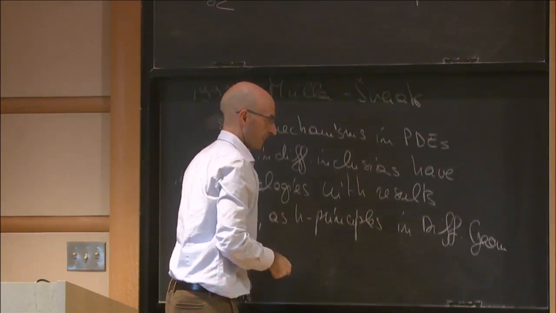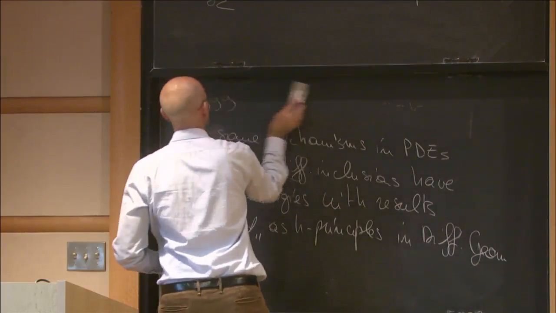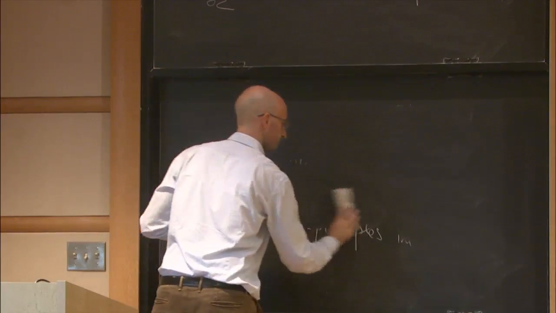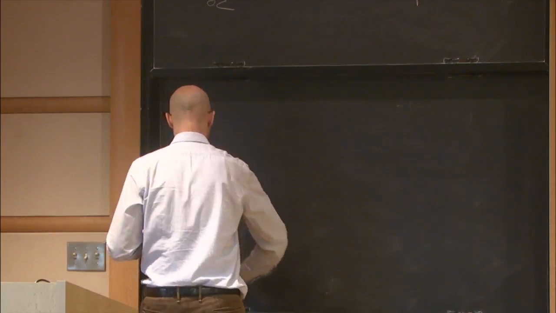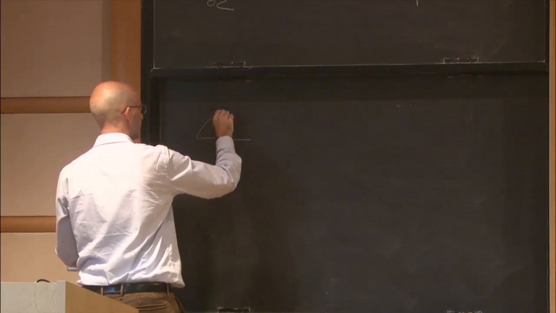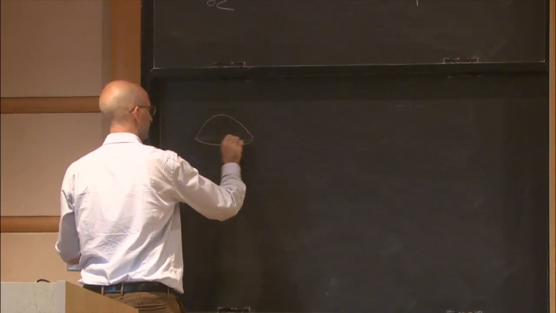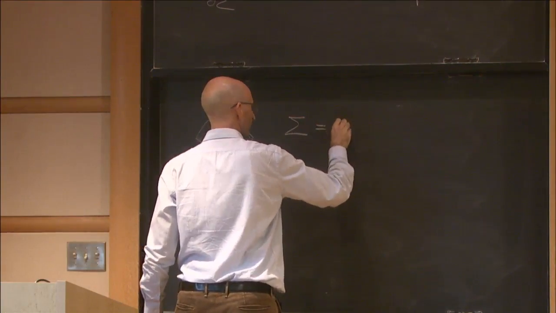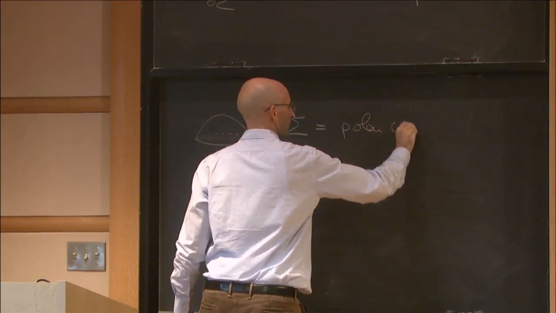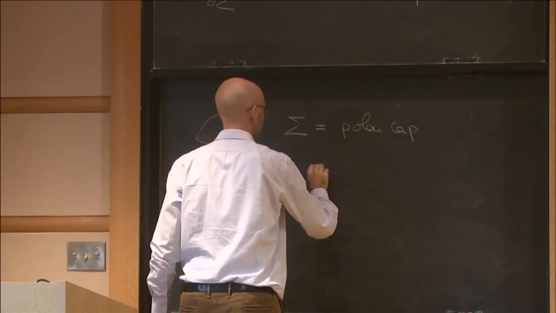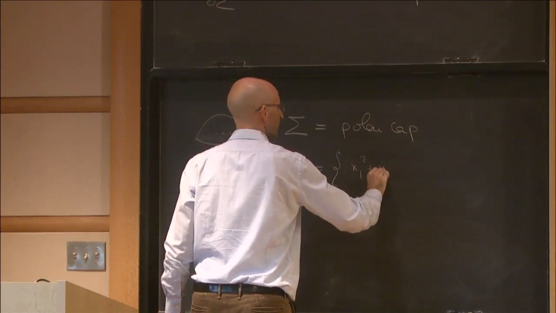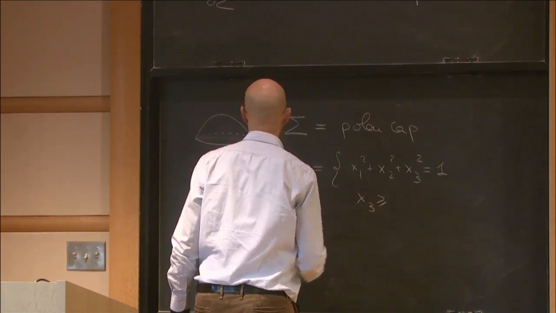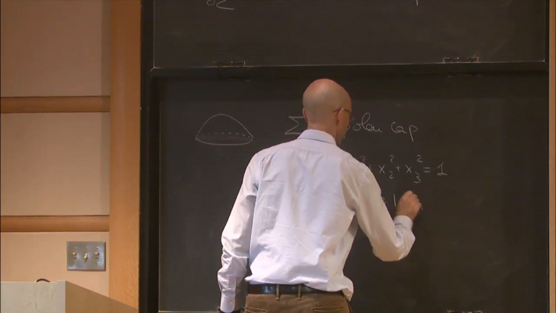Let us look at even a subproblem. The subproblem is the following. Assume your sigma is a polar cap. So sigma is a polar cap. If you want to put it in R3 as a polar cap, this would be simply x1 squared plus x2 squared plus x3 squared is equal to 1, and x3 is bigger or equal than, say, 1 minus a.